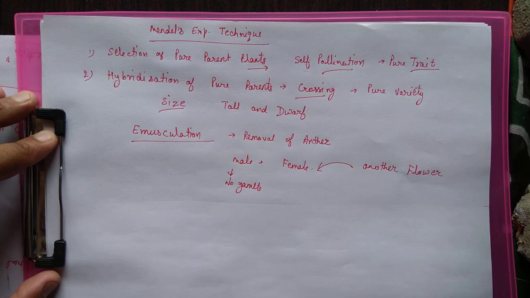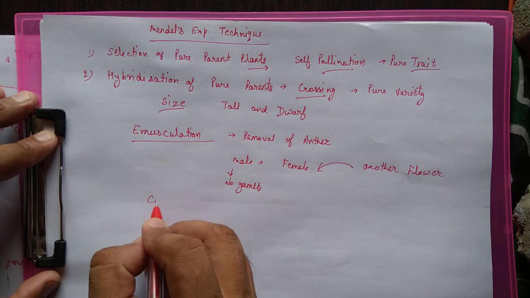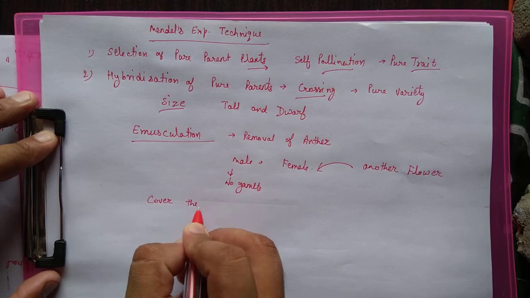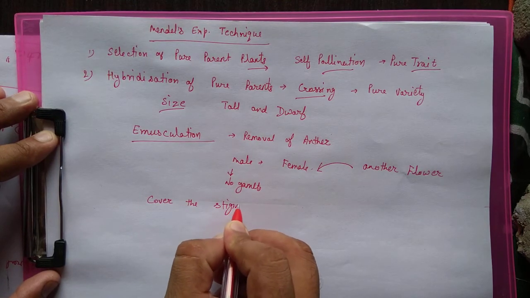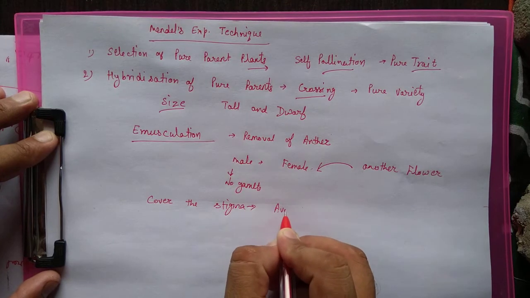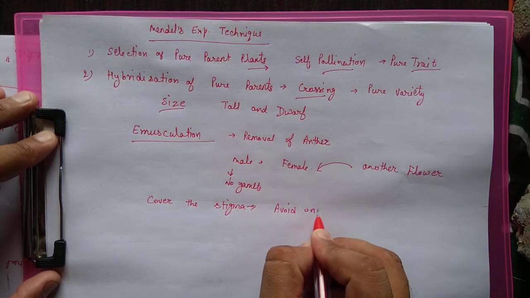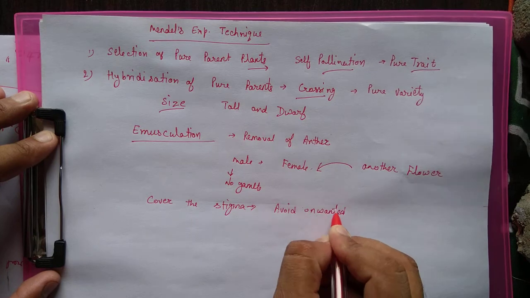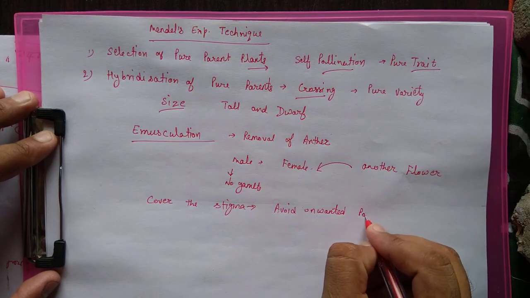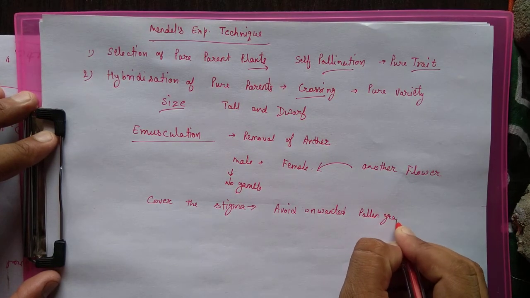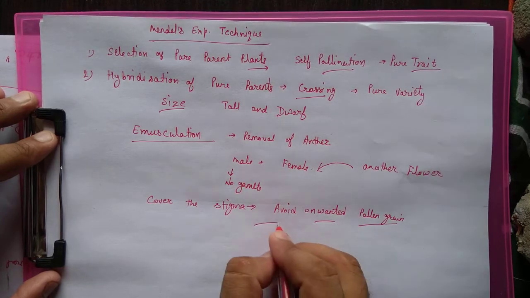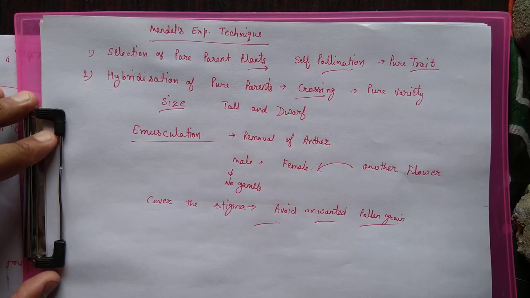Third step, in this process he covers the stigma to avoid unwanted pollen grains. So by this only the wanted pollen grains are transferred from one flower to another during the first cross.